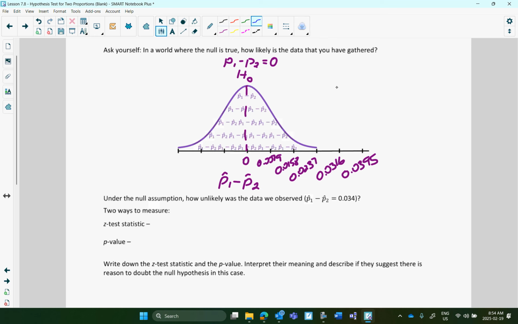So our sample difference was way out here. So 0.034 would be somewhere around there.